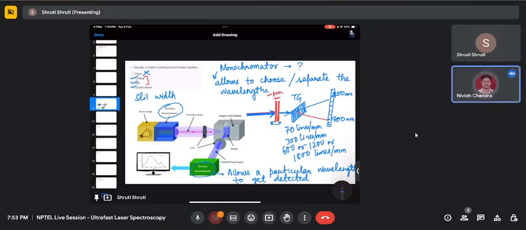And regarding this slit width, suppose you are taking a spectra at 32 nanometer. Your actual spectra might have peaks like this, but when you are considering the slit width 32 nanometer, maybe all the peaks will get merged, and it may generate something like this, because there is not enough separation of the wavelength to make the peaks visible.